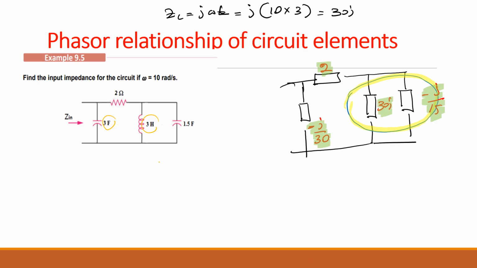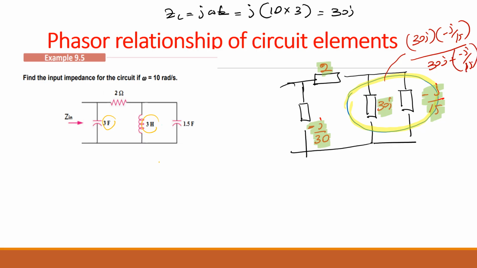So here, how do you add them? 1 over value you need to take, or else I told you it's easy for you to do in polar form when you have to multiply. So it's like 30j times negative j over 15 divided by 30j plus negative j over 15, isn't it?